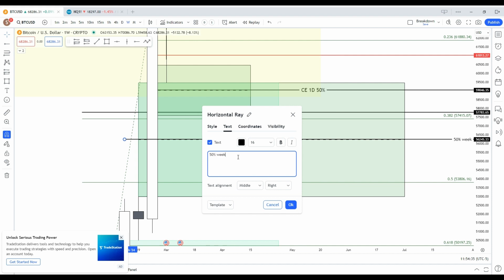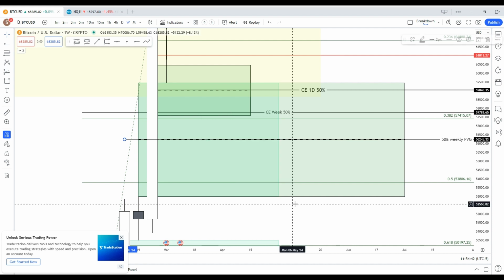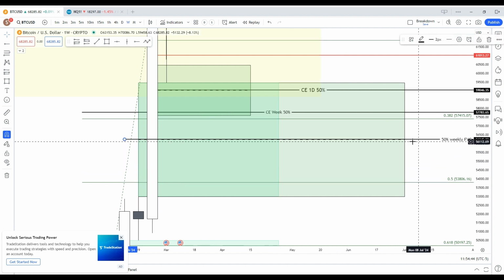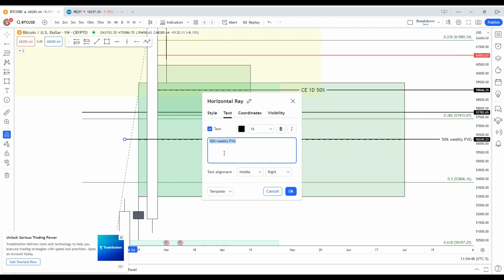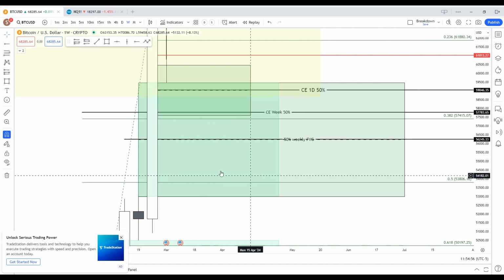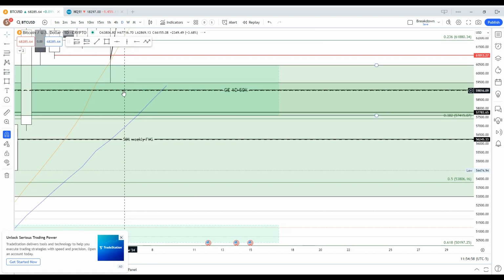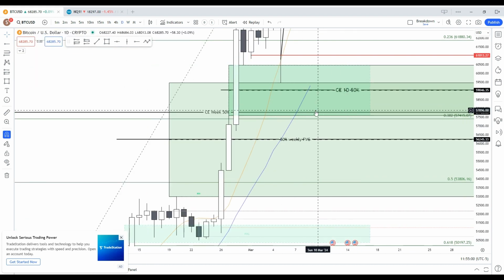Weekly bullish fair value gap. And another one. So, lots of support. Just pulls down and pops right back up. Middle, center. All right. A lot of support.